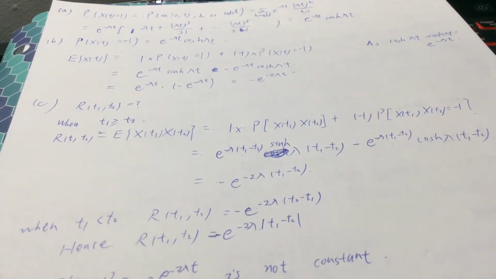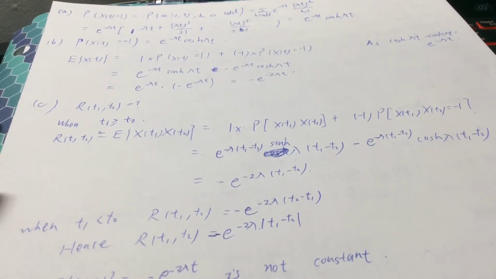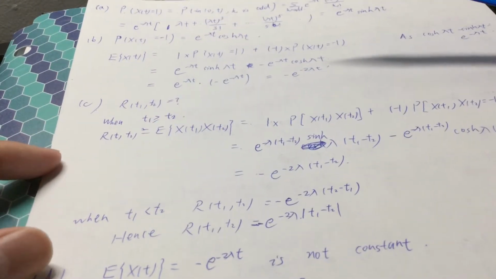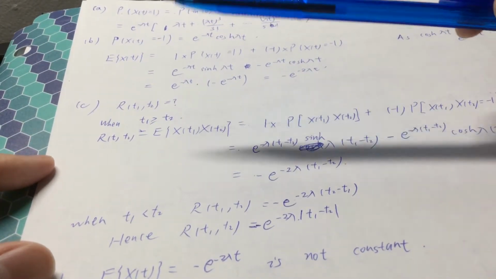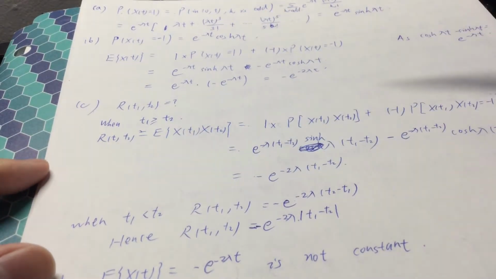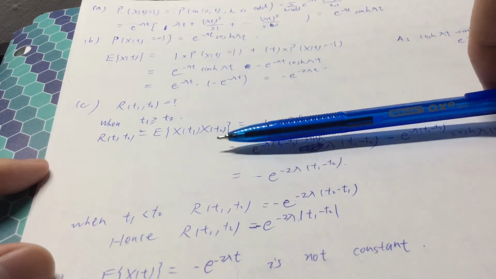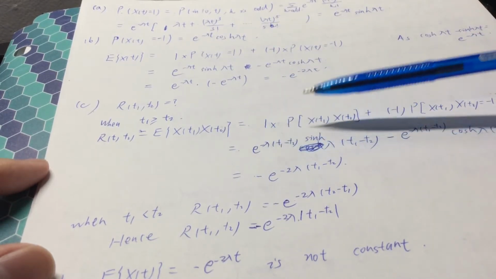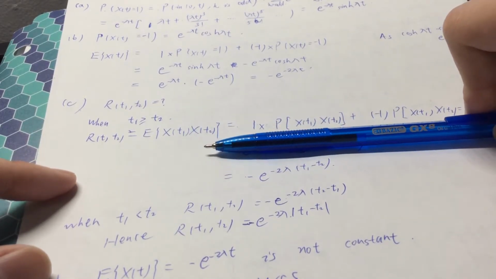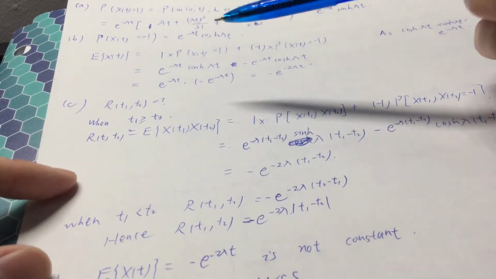In the following, we come to the third part. In the third part, it requires us to find the autocorrelation. From the definition of autocorrelation, we can list the function like this, and then we can simplify it as follows.